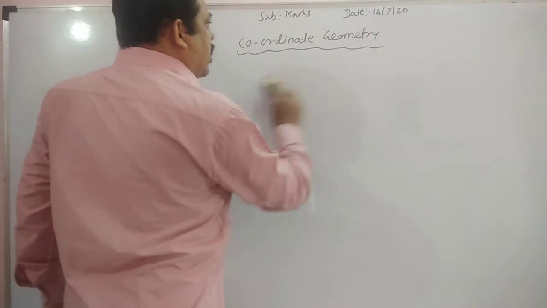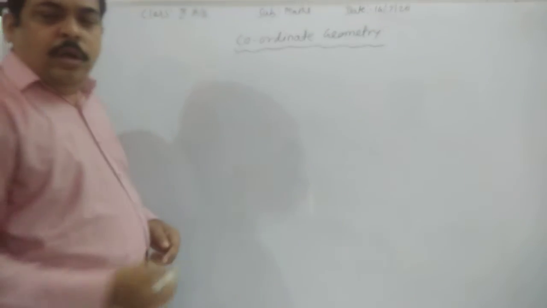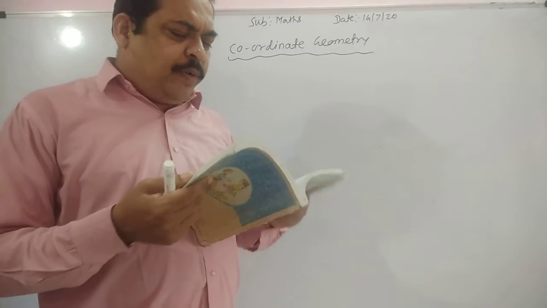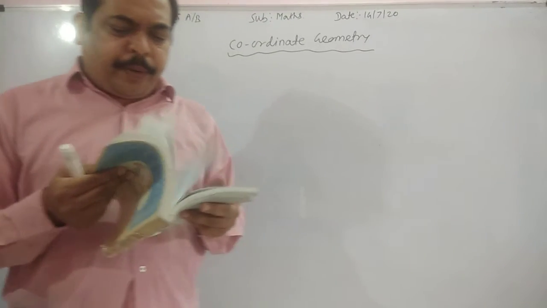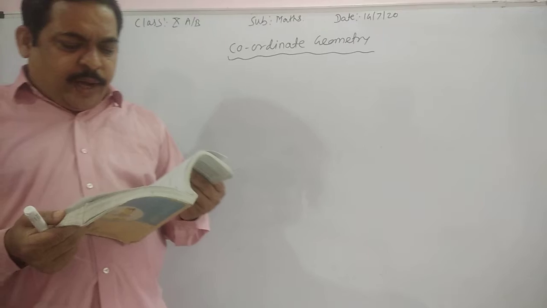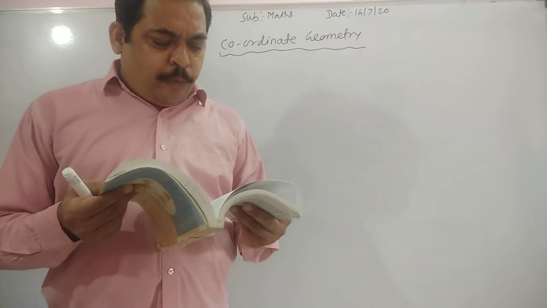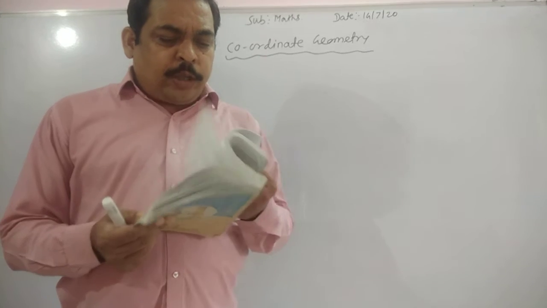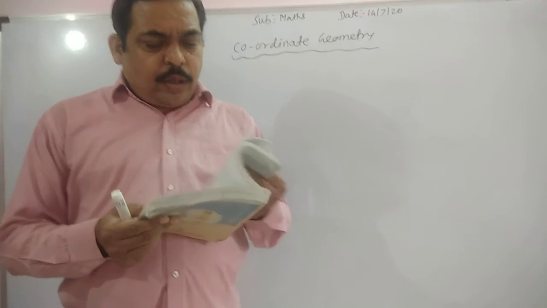On the first page of coordinate geometry in the textbook, one activity is given. You have to do that activity on graph paper. Plot the x axis, y axis. Then some points are given. First, plot all the points on the graph paper.